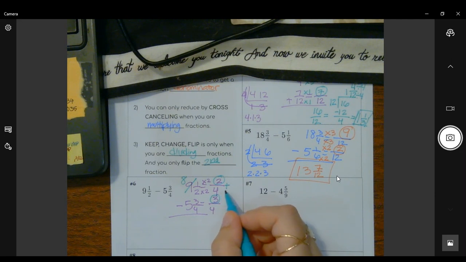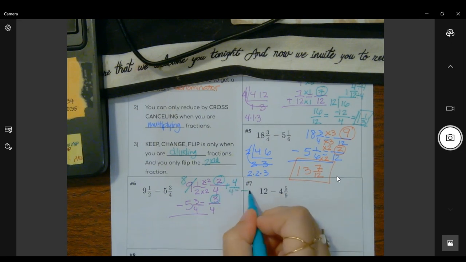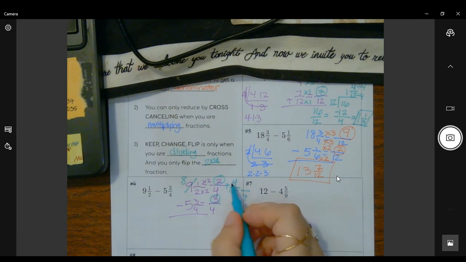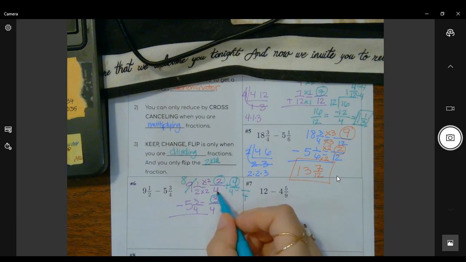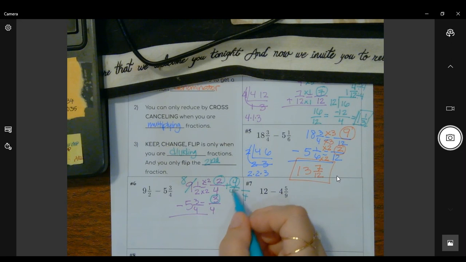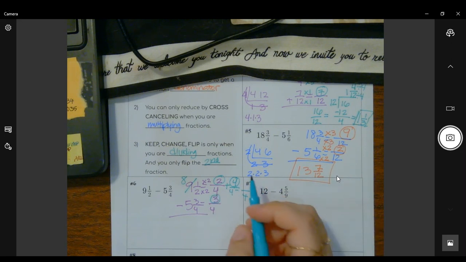So what number should I put over itself? Pick whatever that denominator is, because we want the common denominator to be 4. So when I added 1, I added 4 over 4. If the denominator is 5, I'd add 5 over 5. If the denominator is 7, I'd add 7 over 7, etc. So I keep the denominator the same.